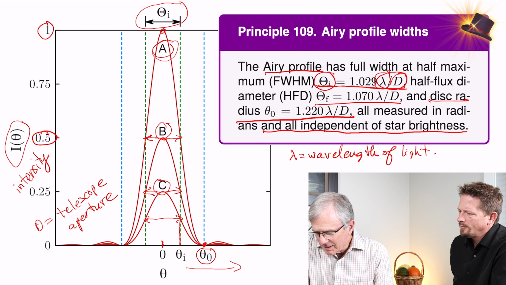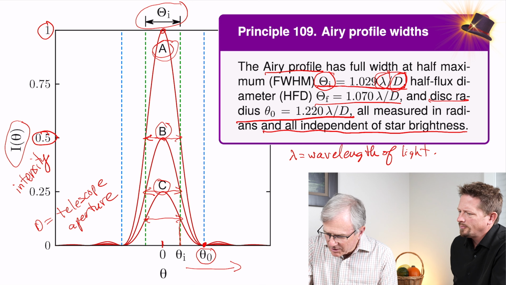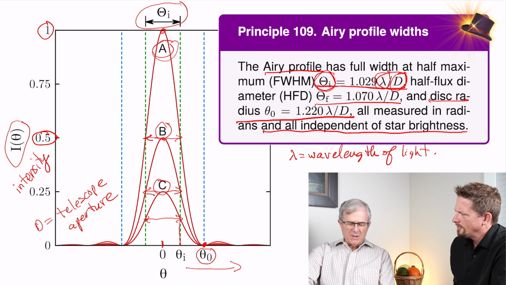The answer is, the bigger your telescope, the bigger the aperture will be, and the smaller the full width at half max will be, which says that as you get a telescope that gets 1,000 meters on the side, you're going to get more pinpoint stars. Bigger the telescope, better the resolution. Thanks for watching. And we'll see you next time.